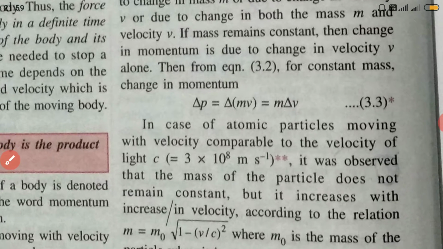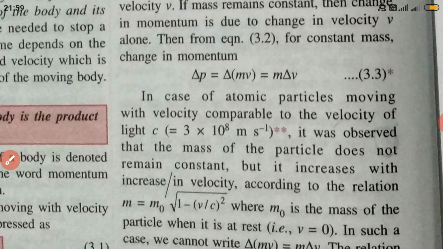The next thing is, in case of atomic particles, very small particles moving with a velocity comparable to the velocity of light, this is the highest velocity an object can gain, which is 3 into 10 to the power 8 meter per second. No velocity is more than this. It was observed that the mass of the particle does not remain constant.